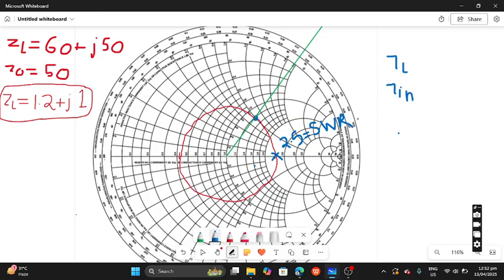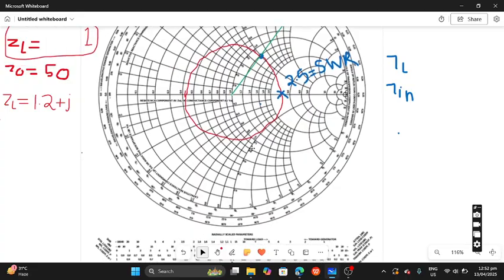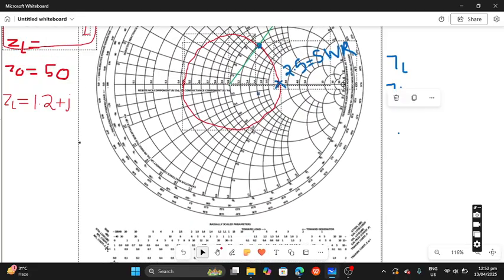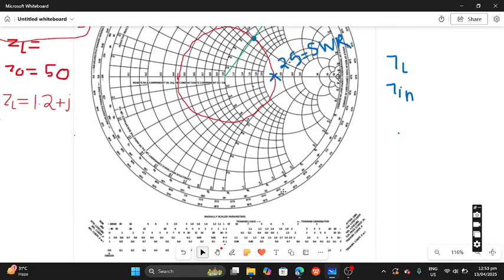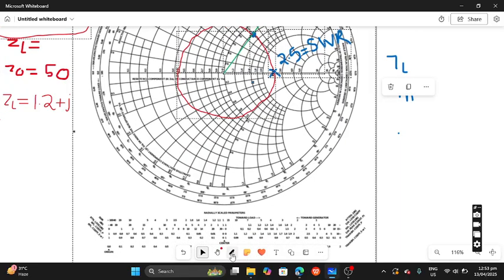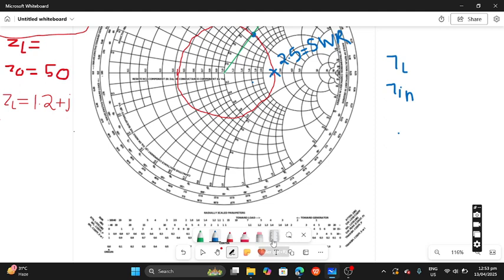You have to see the second last scale, reflection coefficient E or I. From this we will calculate our desired rho L, and we will find rho L and rho in.